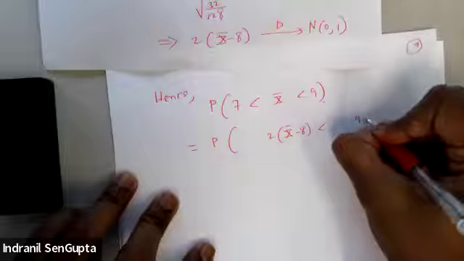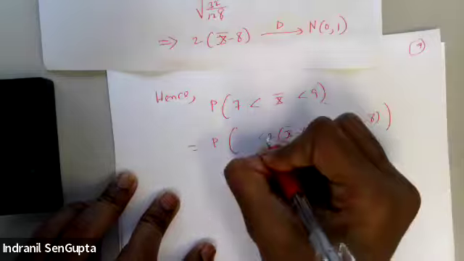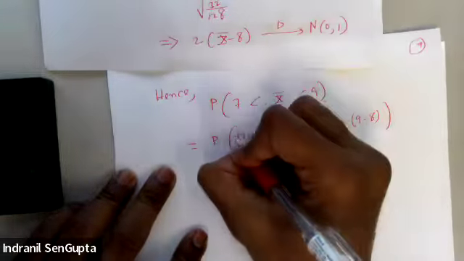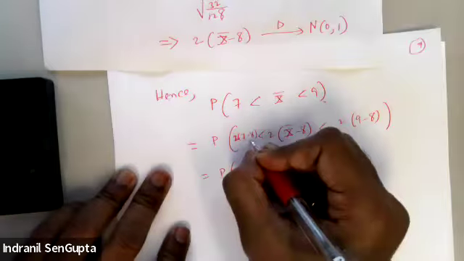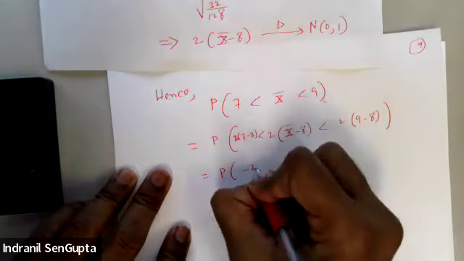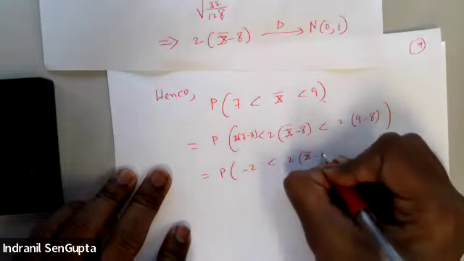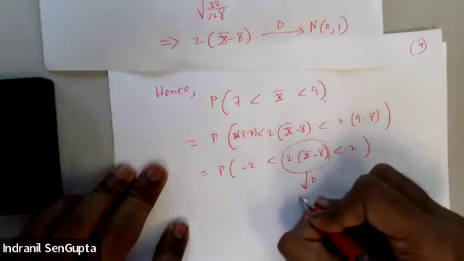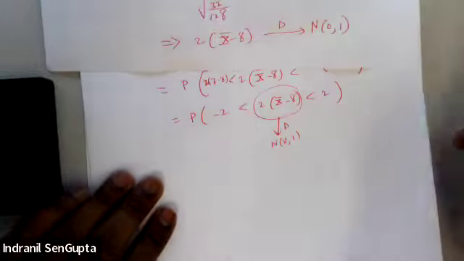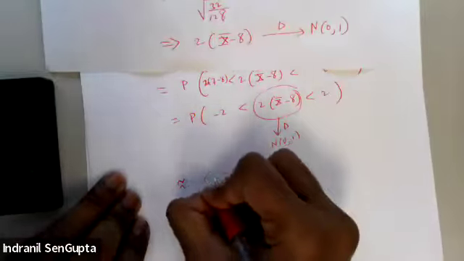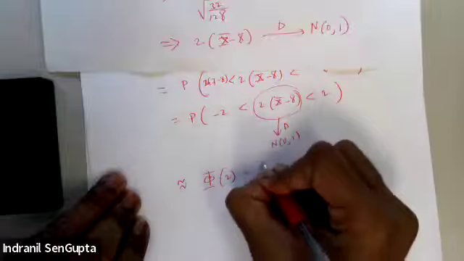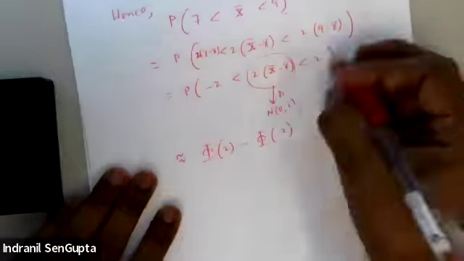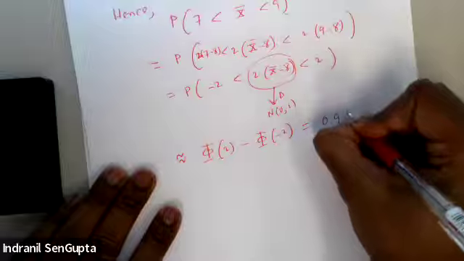Subtract 8 multiply by 2 here, and subtract 8 multiply by 2 there, which is really, I believe, minus 2. This is 2(X bar minus 8), and this is 2. And we know that this is going in distribution to the standard normal distribution. And hence, I can approximate this as phi of 2 minus phi of minus 2, which if I compute with the table, is approximately 0.954.